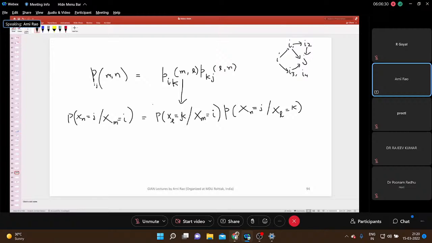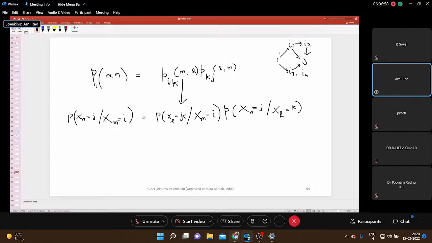Chapman-Kolmogorov is conceptually very, very important, a classic result of stochastic processes in the entire course. Of course, there are other classics that we'll touch, but the Chapman-Kolmogorov equations are one of the classical results of stochastic processes. So let us understand this thoroughly, with no compromise.